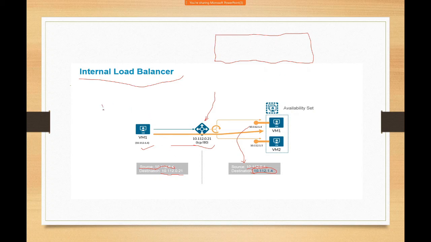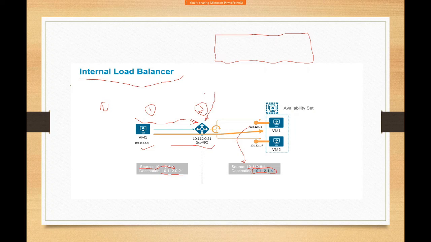So first step, Ayad will initiate the session to the internal load balancer. Be with me, right or wrong, Kenan? Correct. In the second step, it will hit the internal load balancer, right or wrong? Correct.